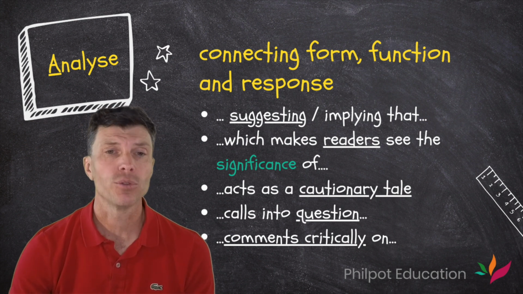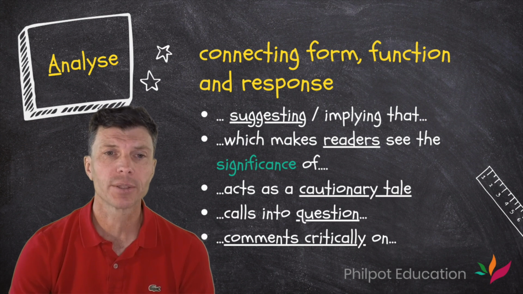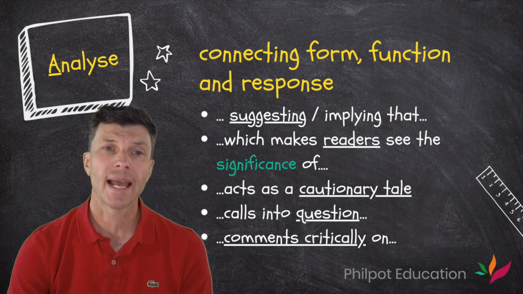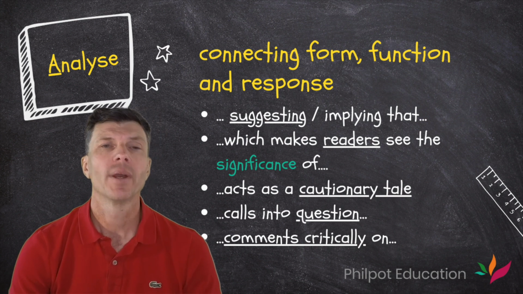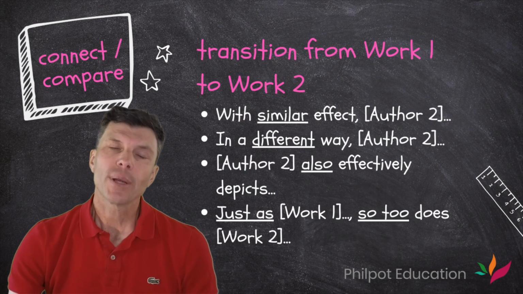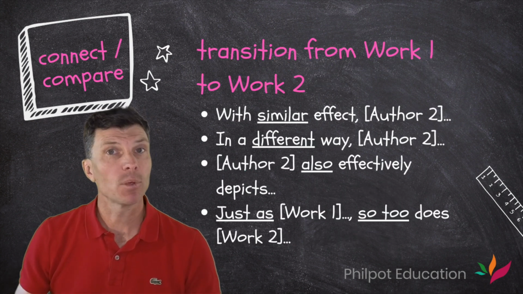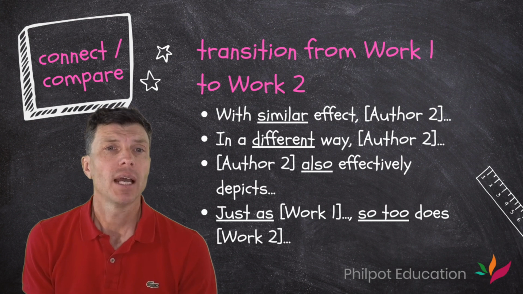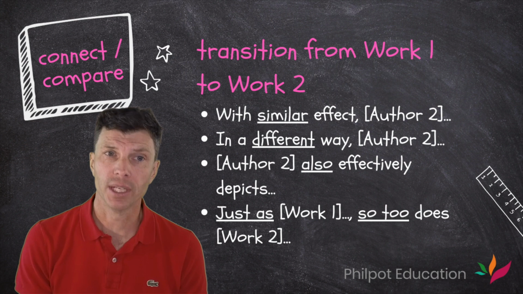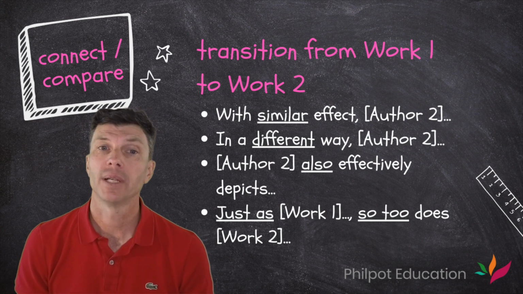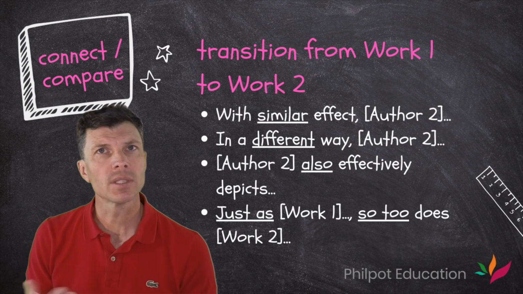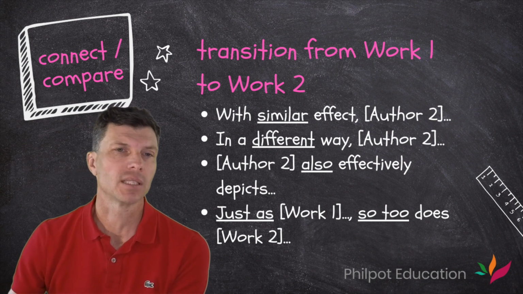It's okay to refer to the readers of these literary works, and some of the key purposes of that literary work, acting as a cautionary tale, calling into question, commenting critically on. Then transitioning into the second work can happen within that paragraph, with similar effects, "the author of the second work also does this in a different way," or "just as in literary work 1, so too does literary work 2."